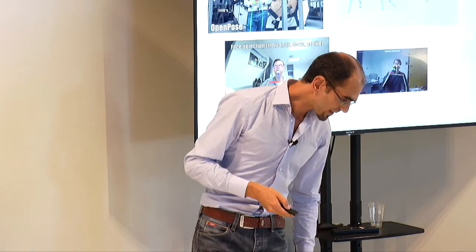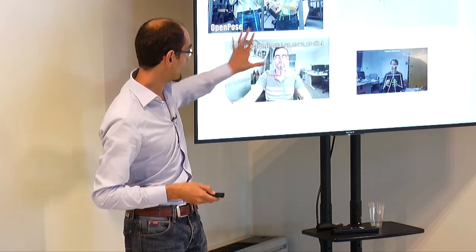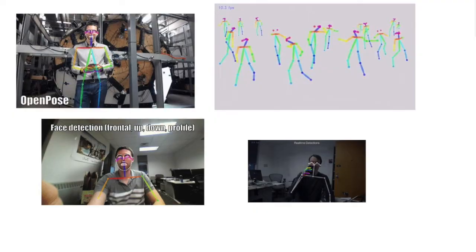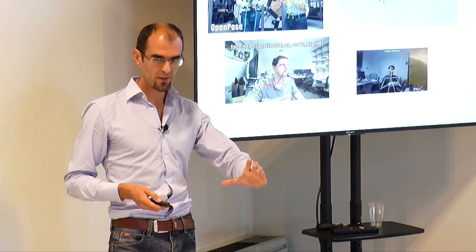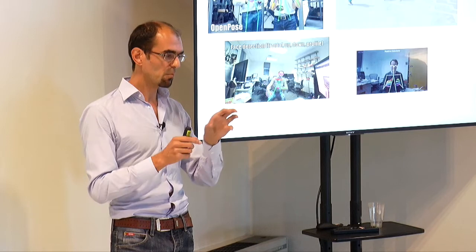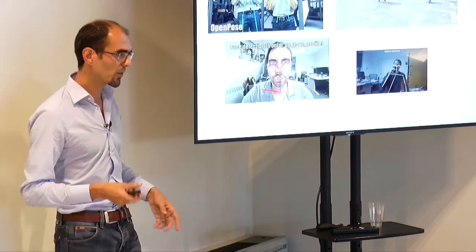Okay. Other things that can be done these days is pose estimation. It's pretty accurate nowadays. So based on 2D videos, you can accurately estimate the position of limbs and joints of people. And so you can do all sorts of fancy things.